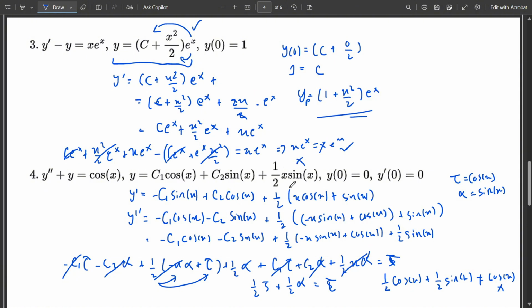Wait, let me check. So we have negative zero and then a half plus a half alpha. You have a half alpha and then a half x, and well, this checks out. So this is not a solution to this differential equation.